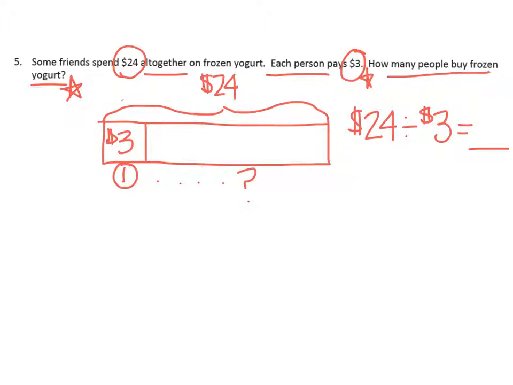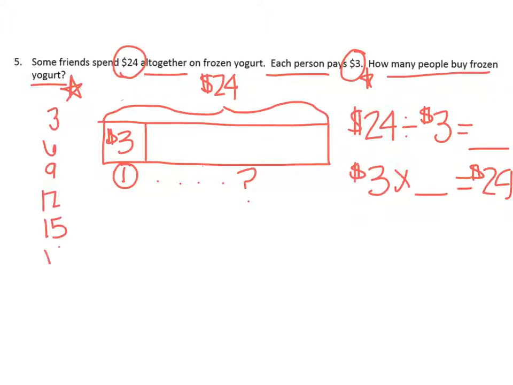Now, if you know your multiplication facts, you can say to yourself, what times 3 equals 24? If you're not sure of your multiplication facts, I would go ahead and write your number train down until you get to 24. So let's try it. 3, 6, 9, 12, 15, 18, 21, 24. Oop, I got to 24.